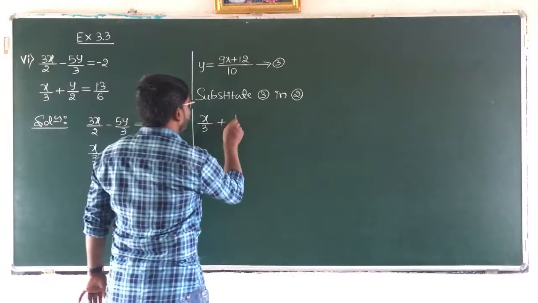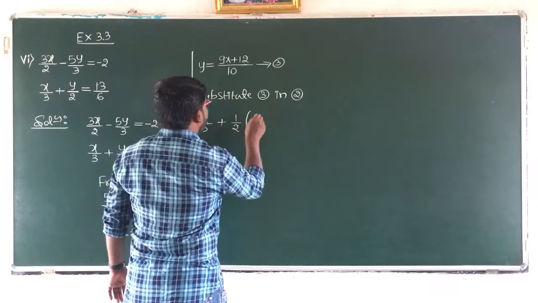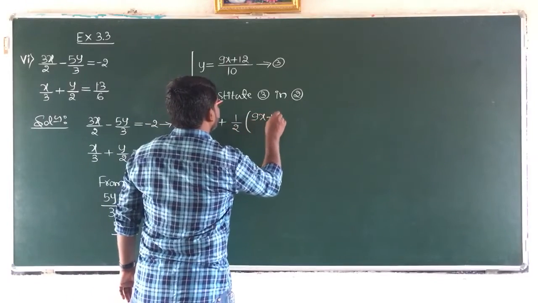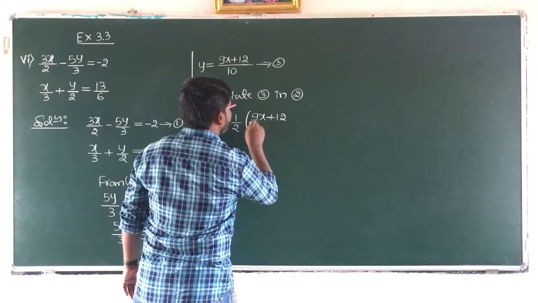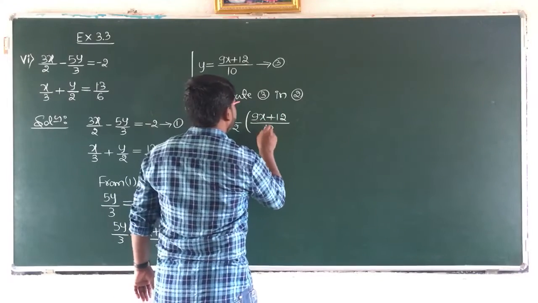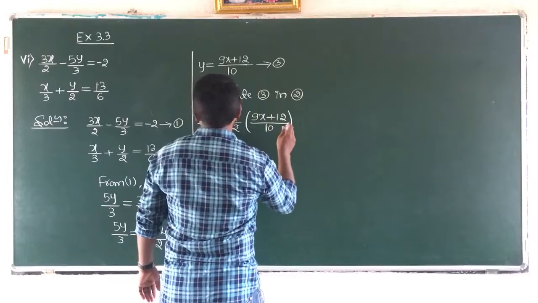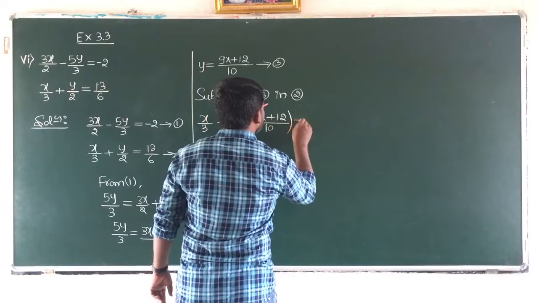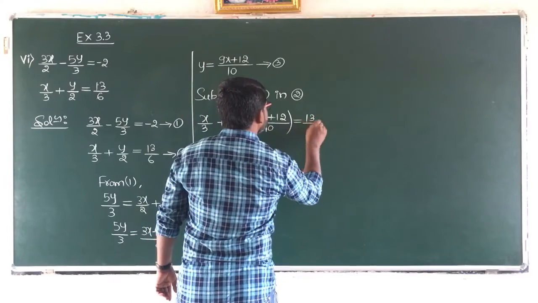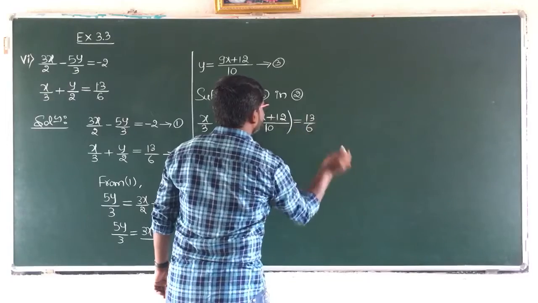So 1 by 2 into (9x plus 12) divided by 10, which is equal to 13 by 6.